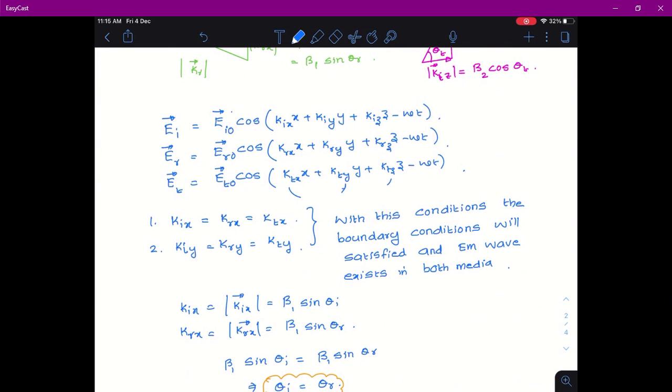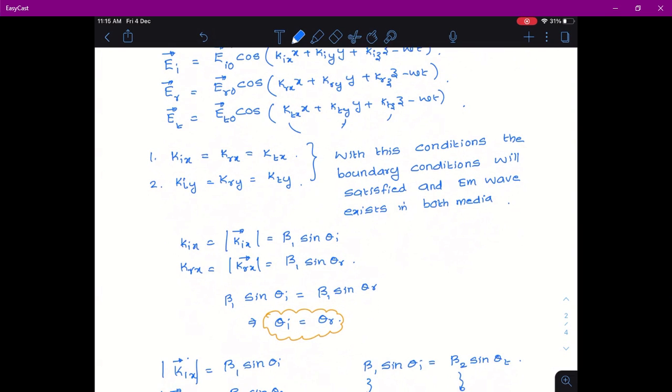And the condition is that when the wave is incident on the said plane, the propagation vectors in the x and y direction should be equal for both media. That means the incident, reflected and transmitted x components will be equal. The incident, reflected and transmitted y components will be equal.